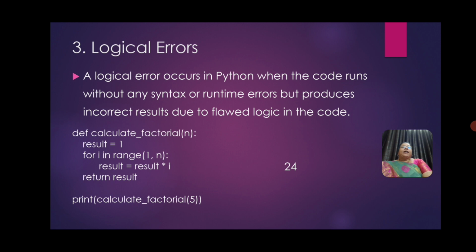Here we need to calculate 1 * 2 * 3 * 4 * 5 because we have given 5 as the n value, so that 5 factorial should be printed, but up to 4 only it has been multiplied, so we have the result as 24. So we have got a result, but it is wrong. We call this type of error a logical error.